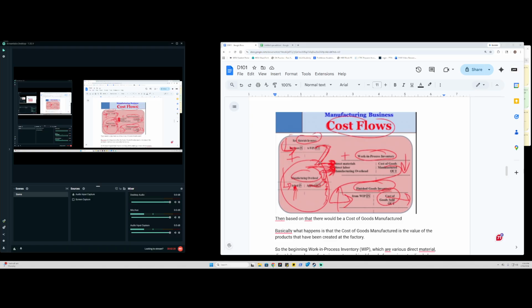In the materials inventory account, first it would be debited and then a certain amount credited depending on how much is moved from the materials inventory account to the work in process account. Once it's been moved to the work in process inventory, the amounts would be debited, for example if it's direct material.